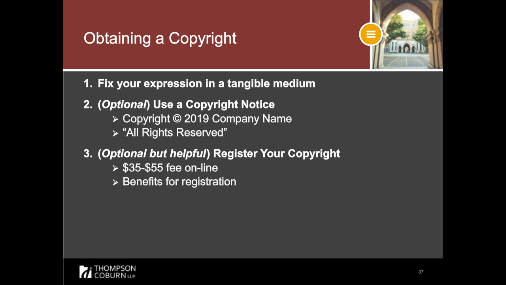Those are relatively simple to obtain and relatively low cost. There are many benefits for the registration. As I mentioned before, it is required to sue infringers, and it can also result in greater damages in the event that you do need to sue somebody for infringement.